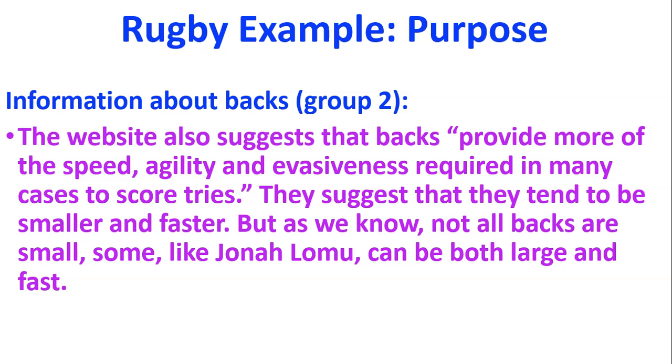But, and this is me just putting my own general knowledge in here, not all backs are small. Some backs are small and fast, absolutely, but there are some like Jonah Lomu, for example, who was both large and fast. So that's giving some general information, but noting that it's not always going to be true.